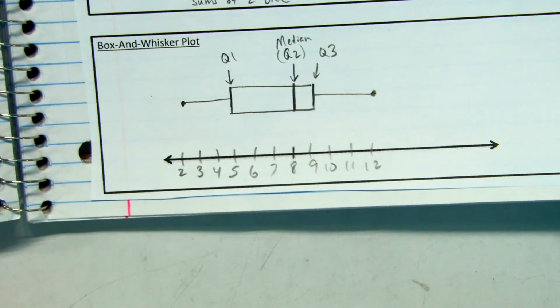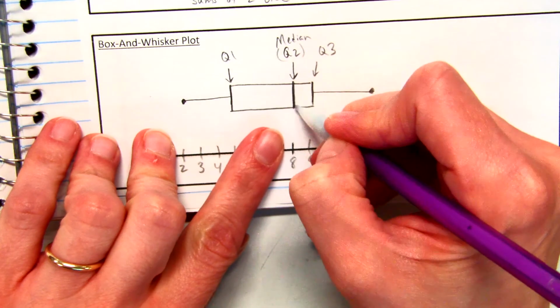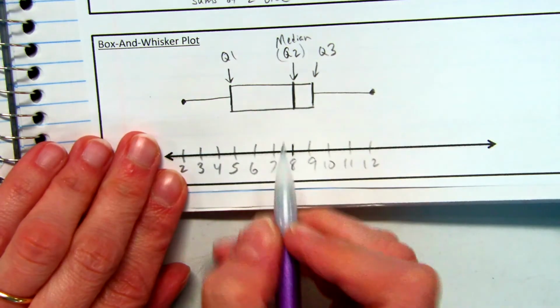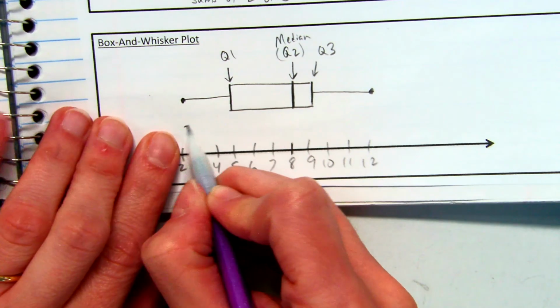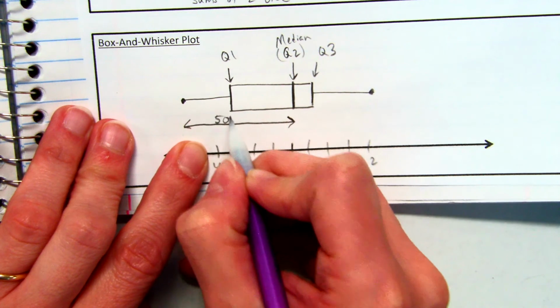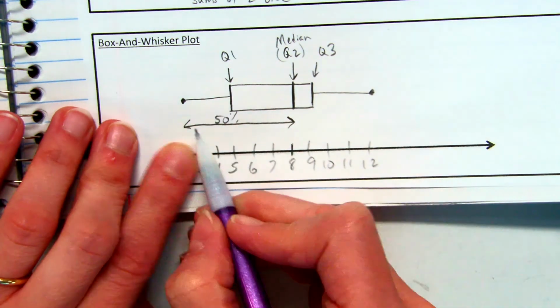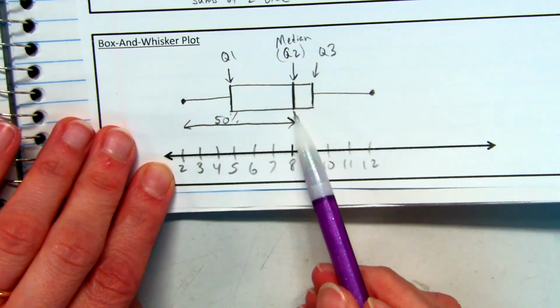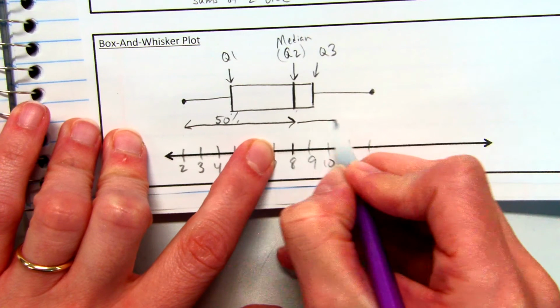The cool thing about this is it splits your data up. I know that the median is the halfway point. So what that tells me is, from my lowest value to the median, that's where 50% of my data is. 50% of my data is between 2 and 8. That's half of my data.